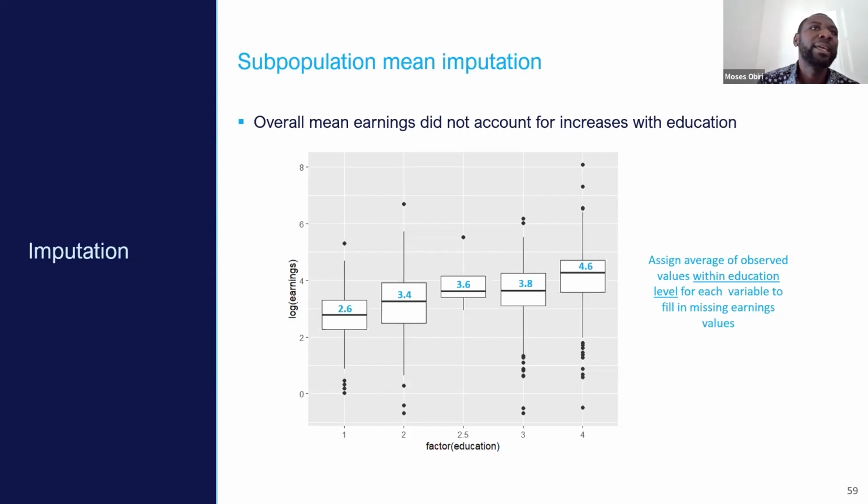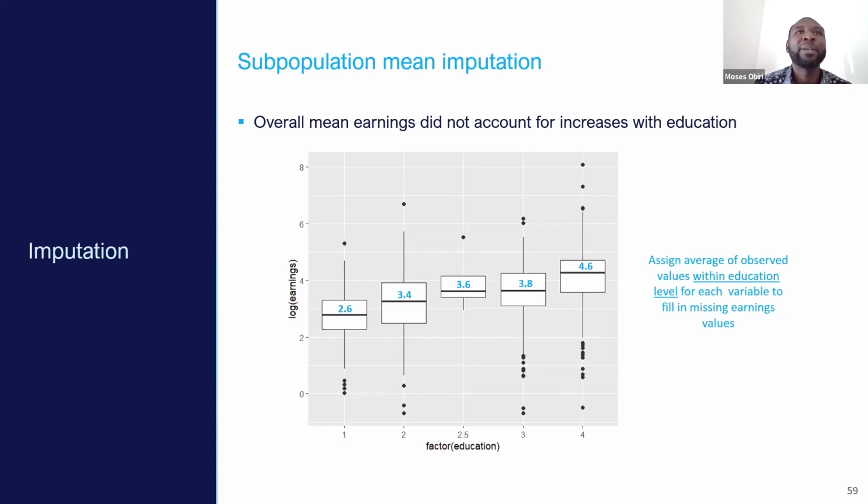Here you can see that the mean log earnings increase as the level of education increases, right? So in this case, instead of using the overall mean, you can use the subgroups. You can impute the missing earnings value for an individual depending on which education level they are in.